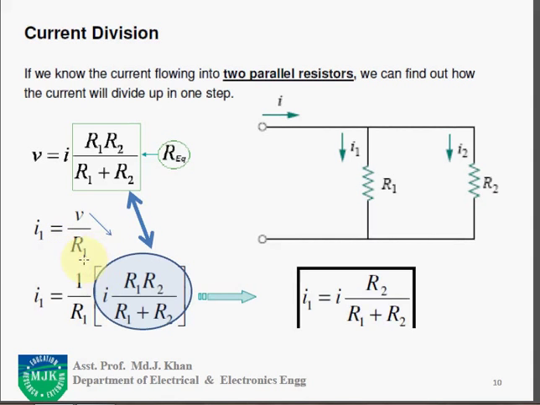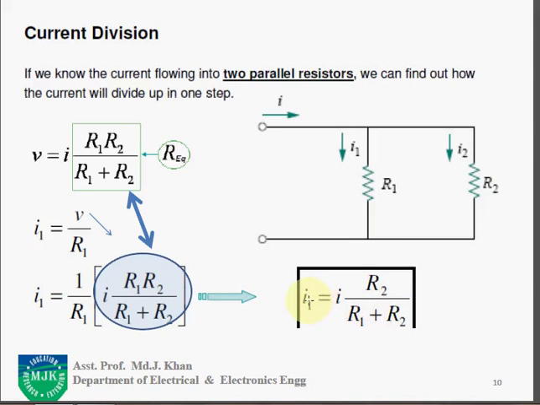Now I put this V into the main equation: V is equal to I into R1 R2 upon R1 plus R2, which I derived at the start. When I solve this equation, I directly get the formula I1 is equal to I into R2 upon R1 plus R2.